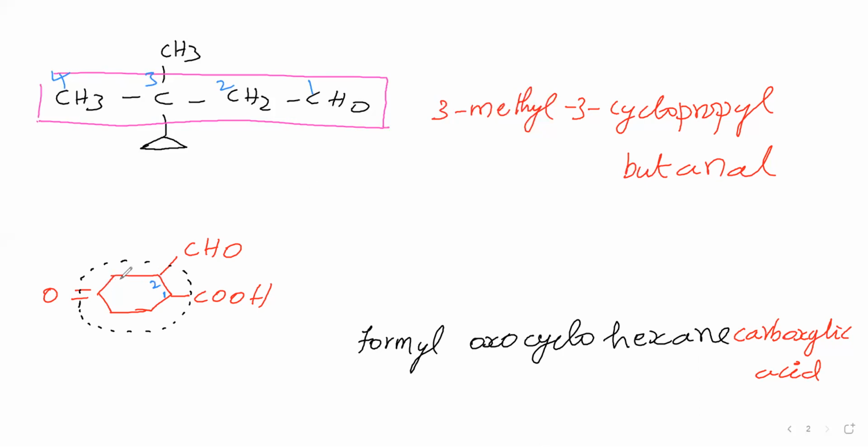Next, position 3, position 4. So the aldehyde is attached to the second carbon of the parent, and the ketone is present at the fourth carbon in the parent. So we said the name of the compound.